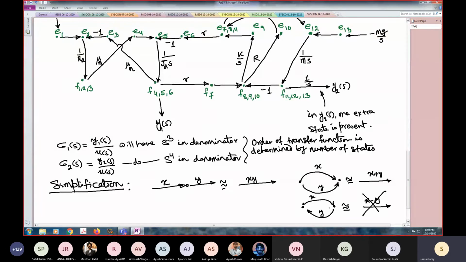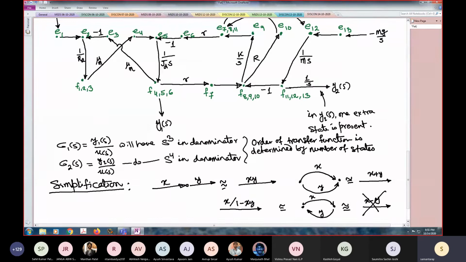So you cannot change. In fact, this one will be equivalent to, if x is the forward path, x by 1 minus xy, because I have not written a plus or minus sign here.